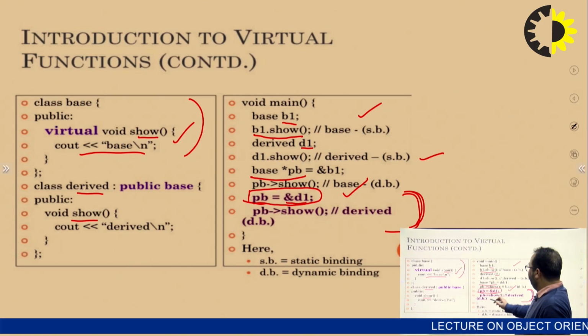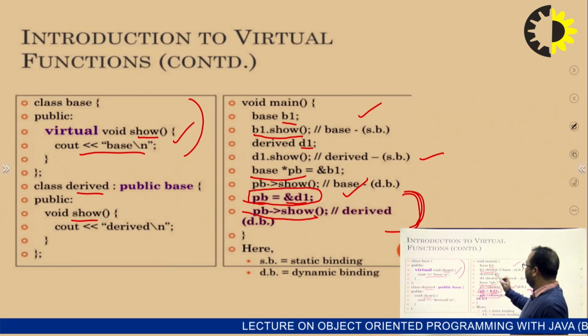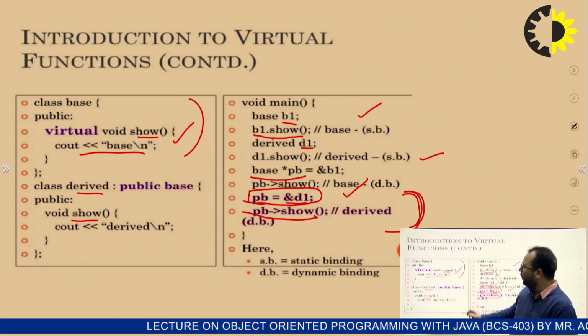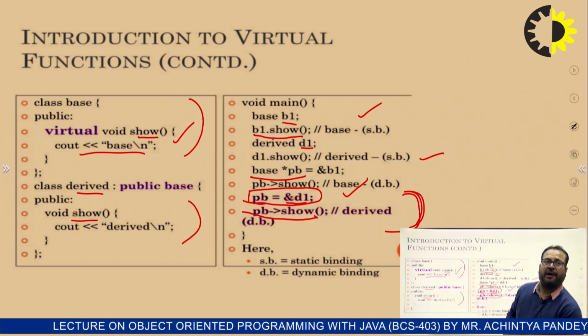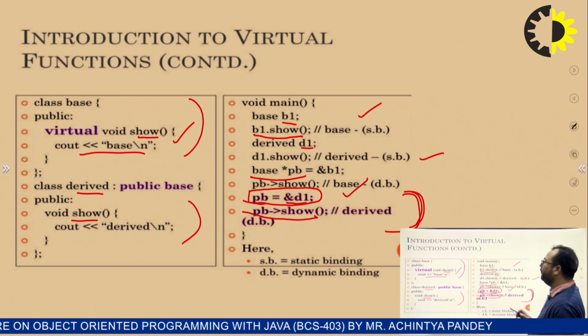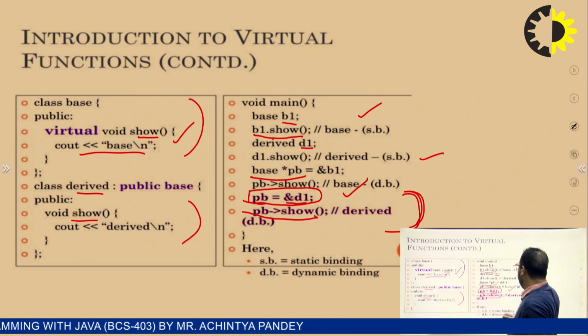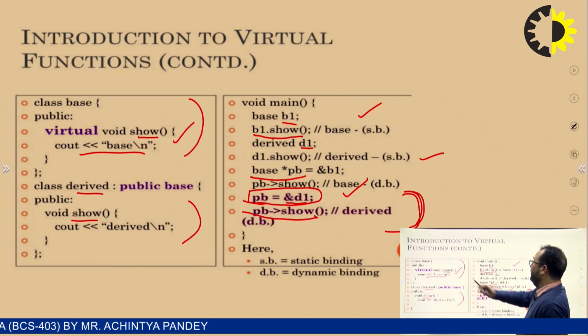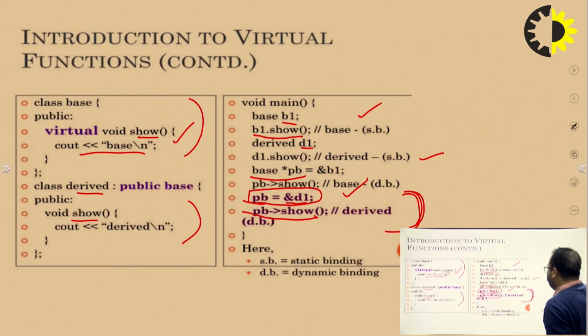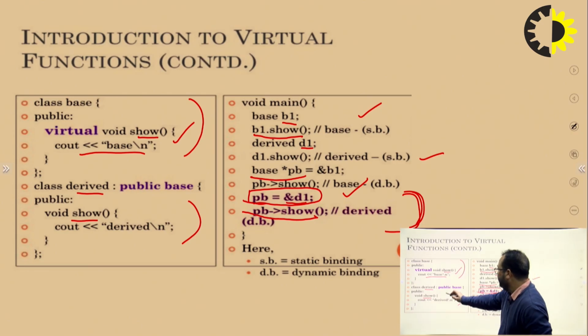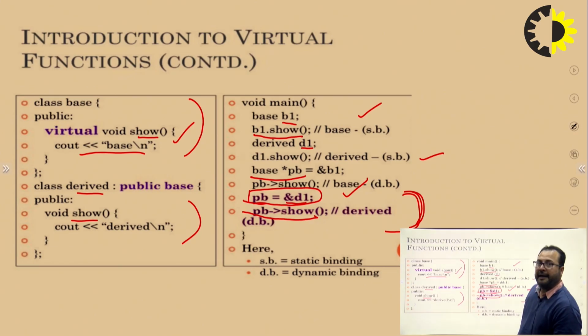Now, if we invoke this show function, it will simply invoke the core member function of the derived class. It will not execute this base. So, this will invoke the code of this function in the derived class.